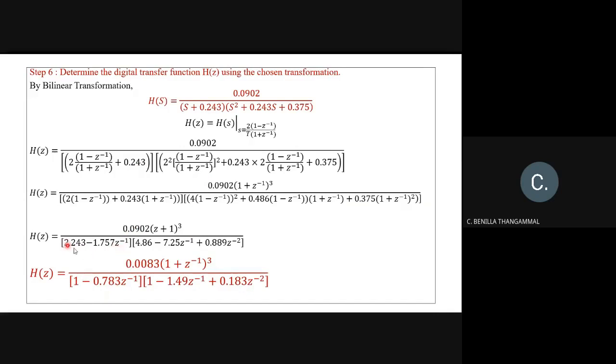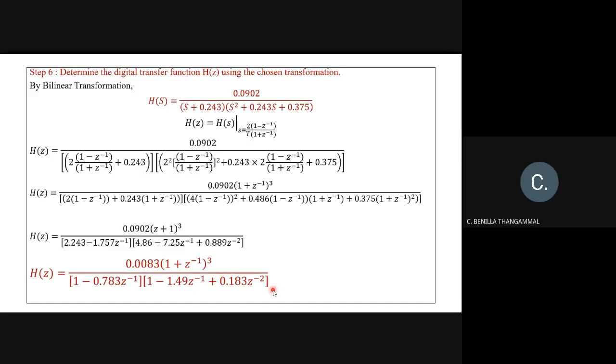So here in this term 2.243 common out. Here it is 4.86 common out. So you will get your H of z as 0.0083 into (1 plus z inverse) whole power 3 divided by 1 minus 1.49 z inverse plus 0.183 z power minus 2.